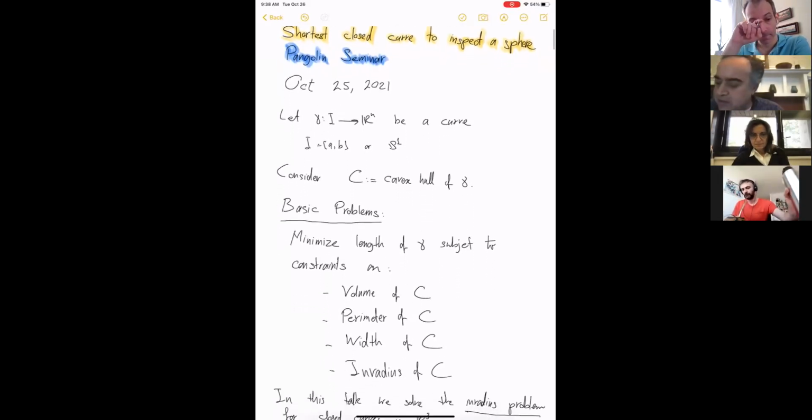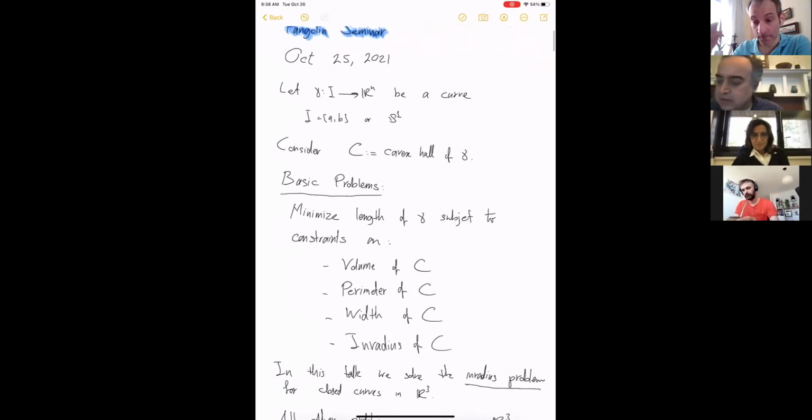And there are some very basic problems that you can think about. You can put some constraint on the convex hull of gamma. So for instance, you can look at the volume of the convex hull, or the perimeter or the surface area of the convex hull, the width of the convex hull. The width is the smallest distance between a pair of parallel planes that squeeze it in every direction.